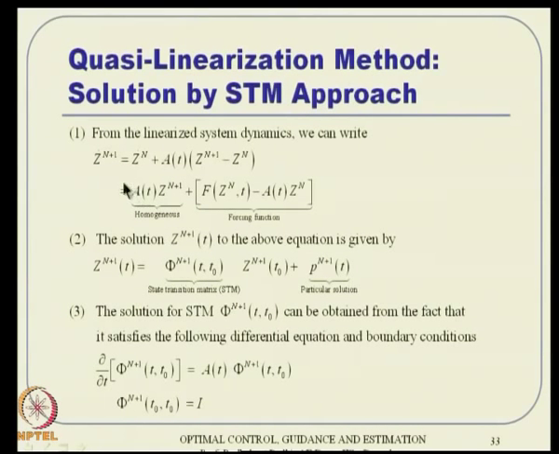If you interpret this, z n plus 1 dot has this homogeneous part a of t times z n plus 1 plus this forcing function actually, which is already available with us. The previous guess solution is available with us. So, this is a forcing function and this is a homogeneous equation.